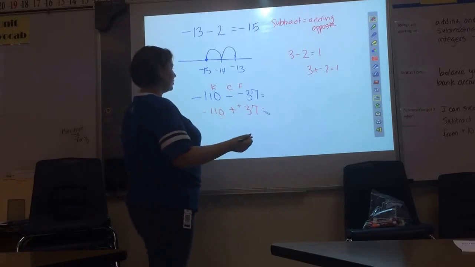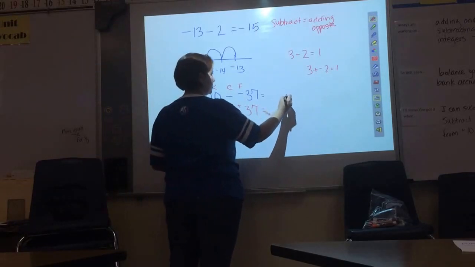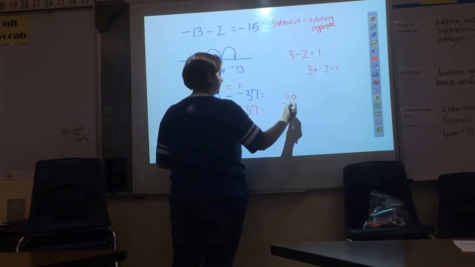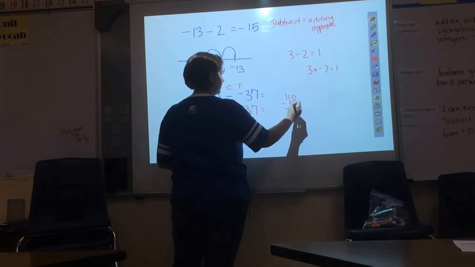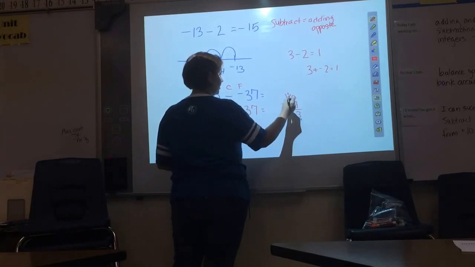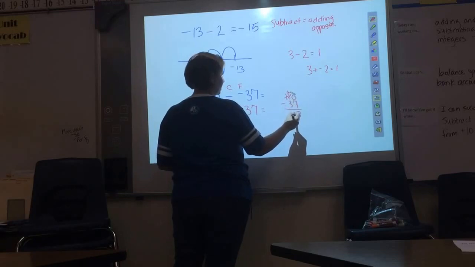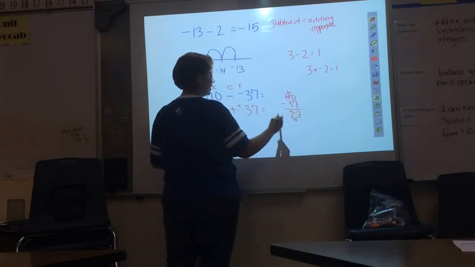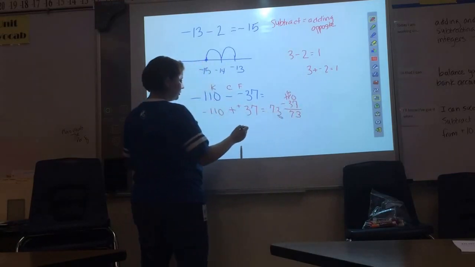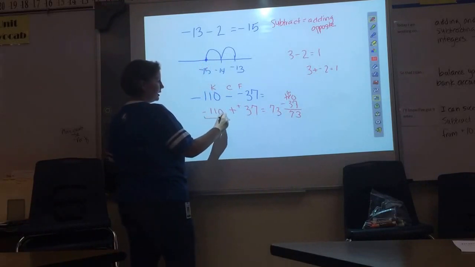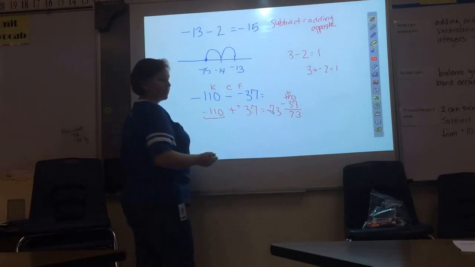I can take the difference. I can do 110 minus 37. 10 minus 7 is 3. And 10 minus 3 is 7. I get 73. The bigger of the two numbers is negative, so my answer is negative.